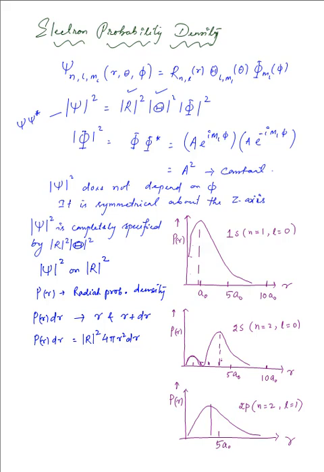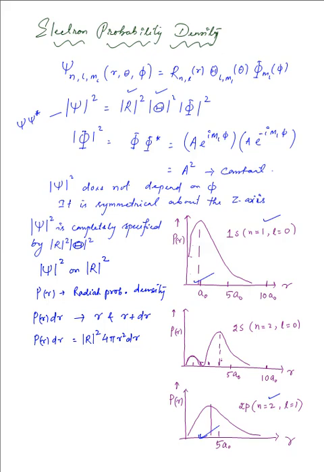We see that for the states 1s and 2p, the maxima of the curves are exactly at a0 for 1s and 4a0 for 2p, the last one below. These are exactly in agreement with Bohr's radius, that is for the hydrogen atom we had the corresponding values of n equal to 1, and here n equal to 2, so we have those values of the Bohr radius. They are in complete agreement.